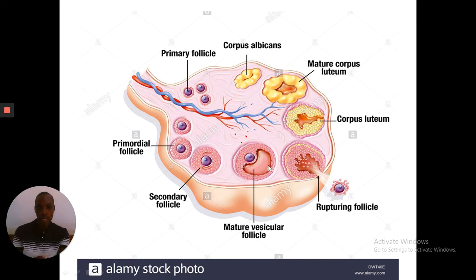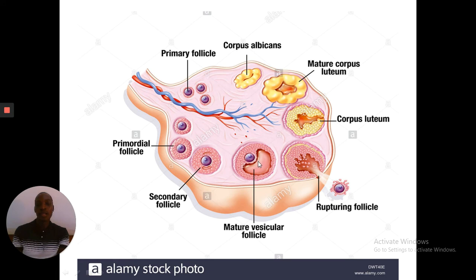When this cavity appeared, the cells which were around the follicle were pushed to the side, and just a few remained surrounding the oocyte. Now, these cells which were left surrounding the oocyte formed what we call the cumulus oophorus.